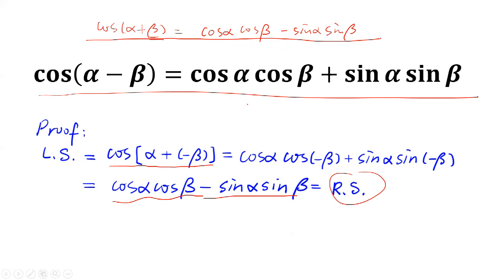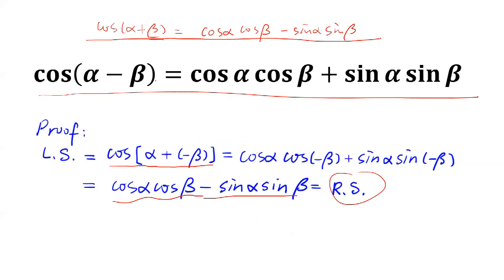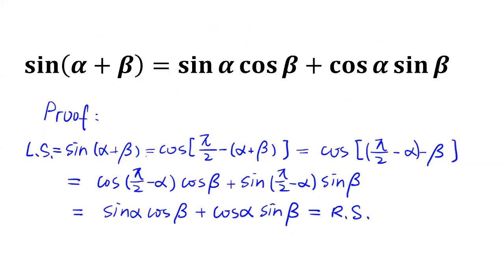No? All right, let's have a look at the second one: sine alpha plus beta equals sine alpha cosine beta plus cosine alpha sine beta. To prove this, we can start from the left side, sine alpha plus beta. In order to use the properties that we have already proved, we need to change this to cosine of something, so we can use a cofunction identity.